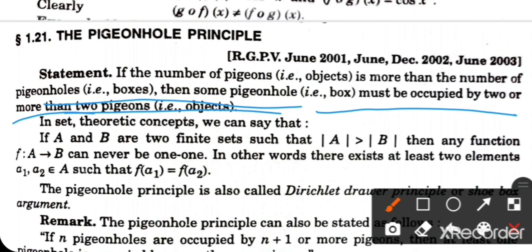That's why this is called the pigeonhole principle. Suppose there are 30 students in your class and 20 benches for sitting, then one bench is occupied by more than one student, then only all students can sit.